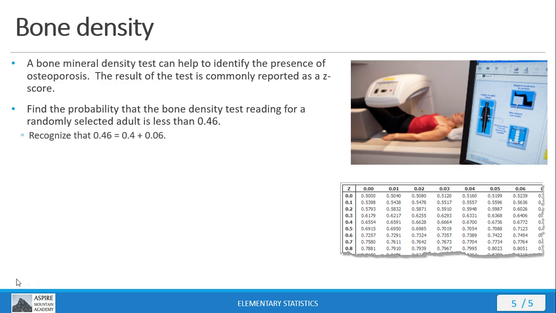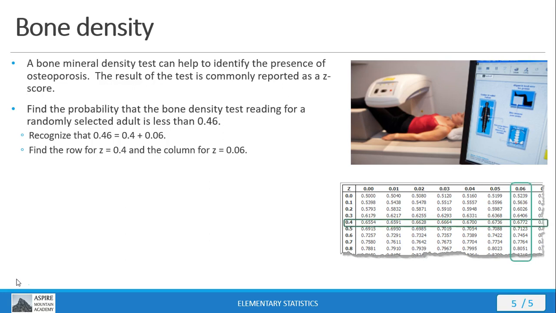So the first thing we have to do is recognize that our z-score table has the z-score in 2 parts. So we're going to separate out the 0.46 into 2 parts, 0.4 and 0.06. Then we're going to find the row for the first part, the 0.4, and that's going to be listed here. And then we find the column for the second part. So you see that there with the blue.